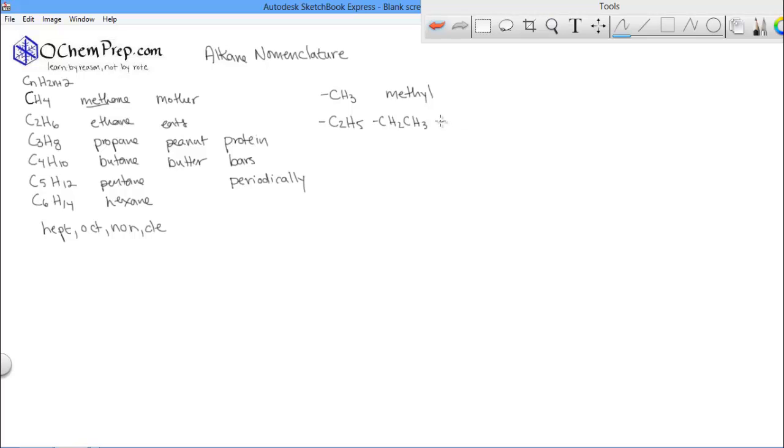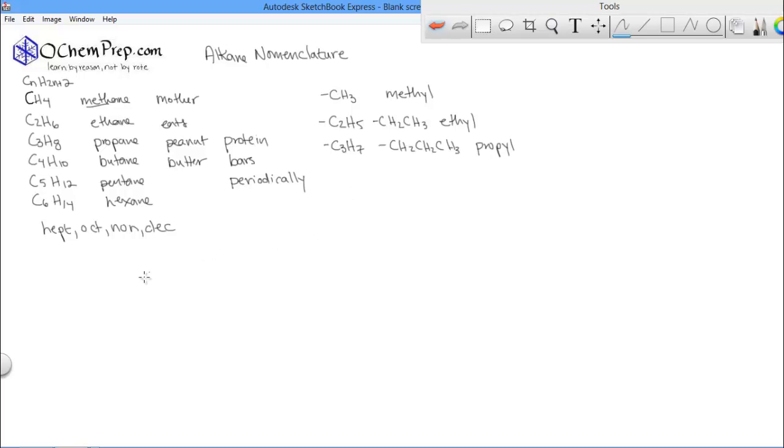That would be ethyl. And so forth. So C3H7, which most people don't write like that because it doesn't give you any structure, which would be CH2CH2CH3, would be propyl, and of course we would draw that with sticks.